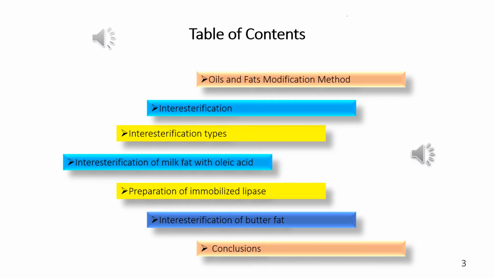For example, we can use hydrogenation and fractionation at a time, or sometimes we use fractionation with interesterification at a time. So we use two processes at a time to acquire the physical and nutritional values. The interesterification method has a wide number of applications in industry. That's why we use interesterification methods to modify the oil and fats.